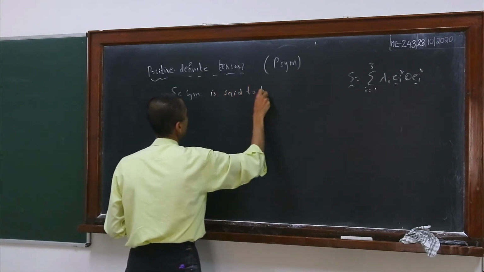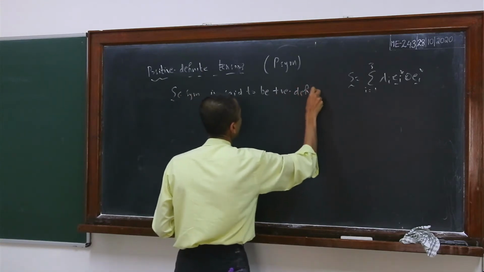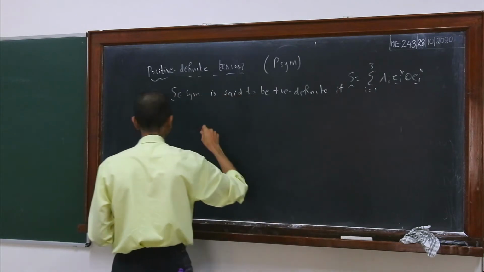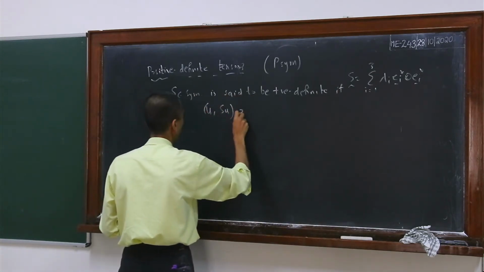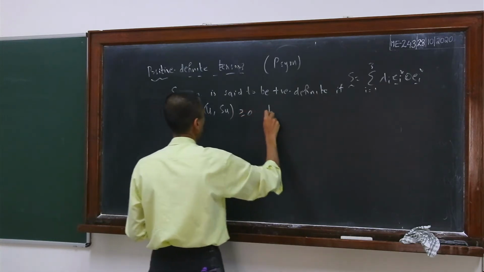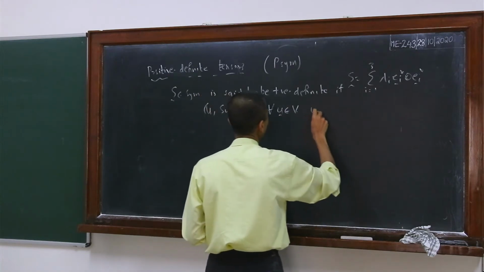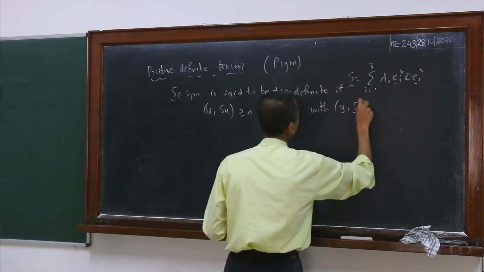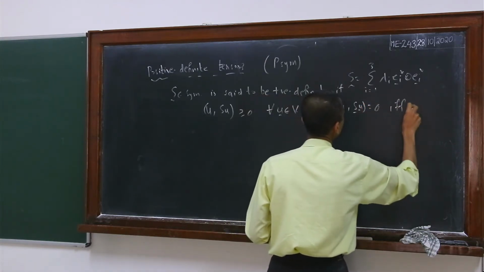if u comma Su is greater than or equal to 0 for all u belonging to V, with u comma Su equal to 0 if and only if u is equal to 0.